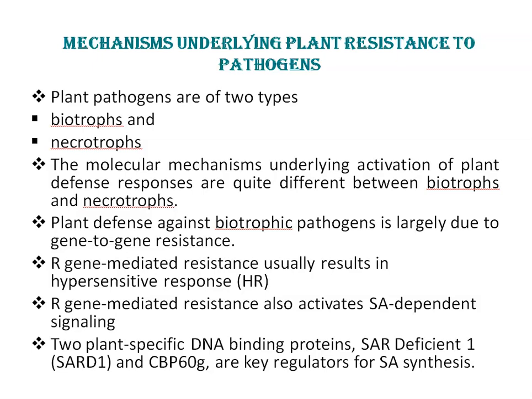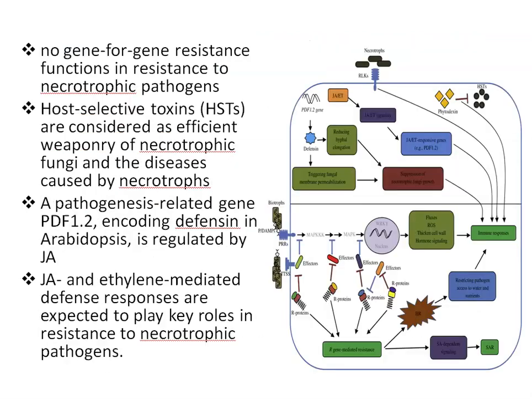Generally, it was assumed that no gene-for-gene resistance functions in resistance to necrotrophic pathogens, but a number of reports indicated that several plant pattern recognition receptors, PRRs, are involved in the perception of necrotrophic pathogens like fungi.